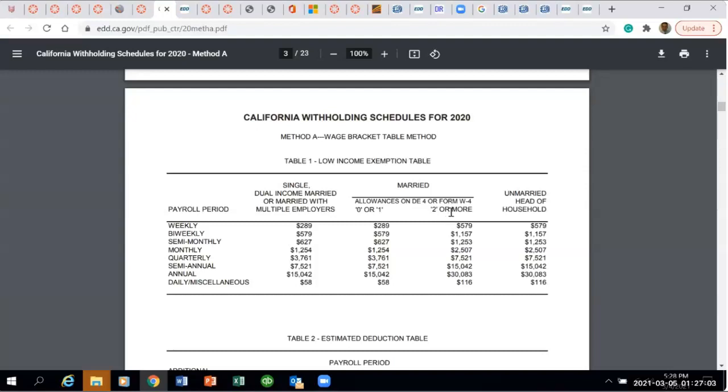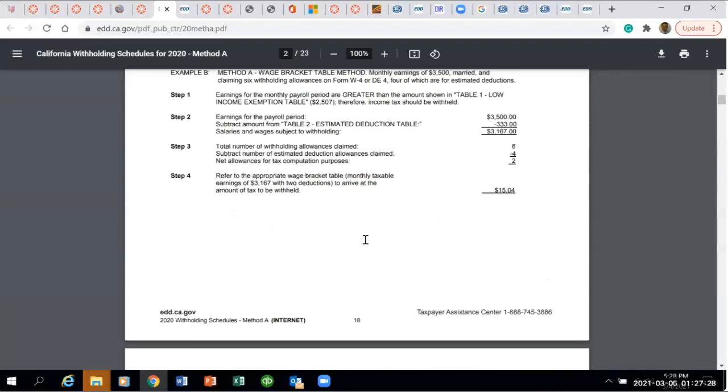How many allowances do they have? More than 2. Yes, they do. How much is the minimum? 579. If it was 579 or less, we would say, forget it, there is no tax. But it's not 579, it's 900. So we cannot say forget it. We have to continue.